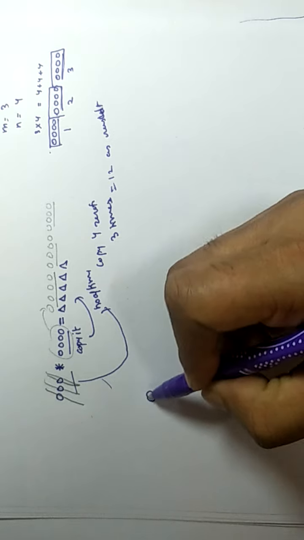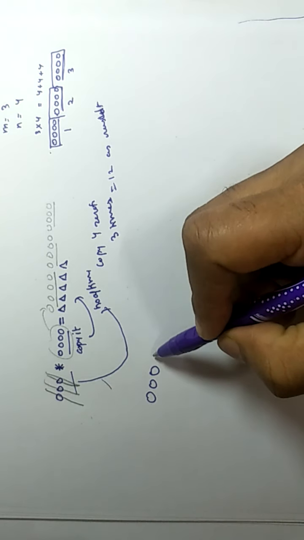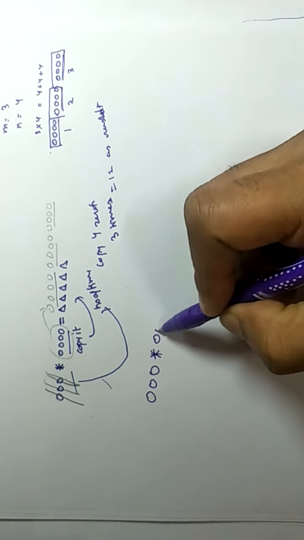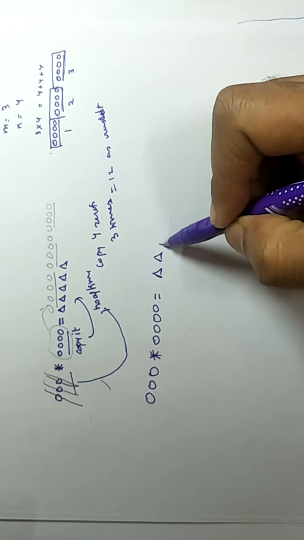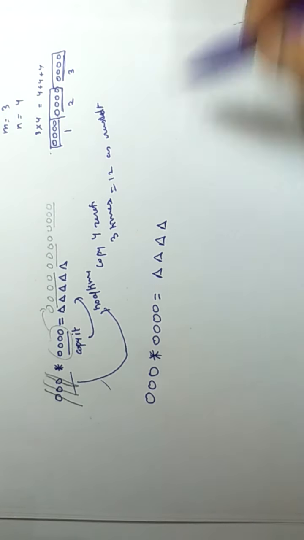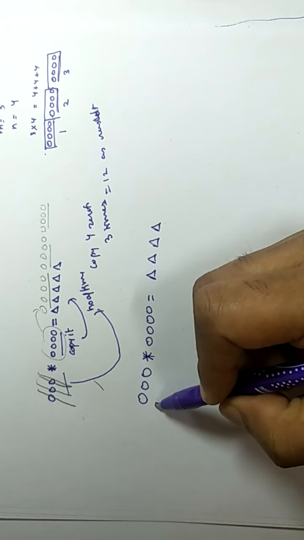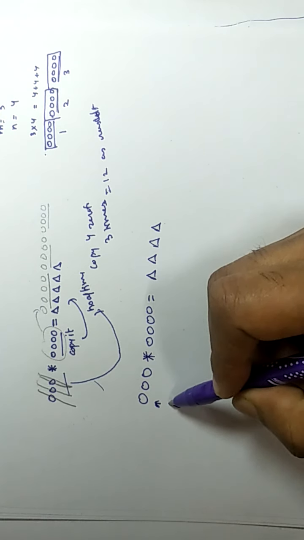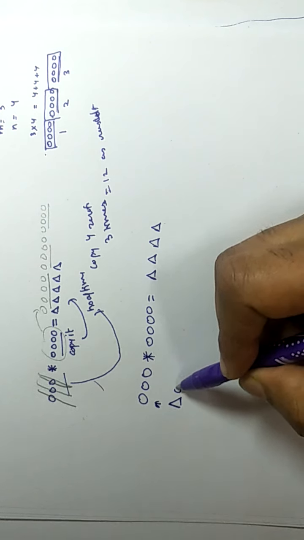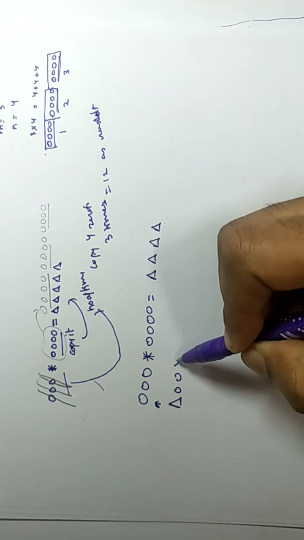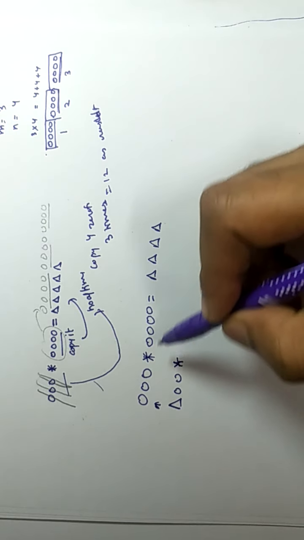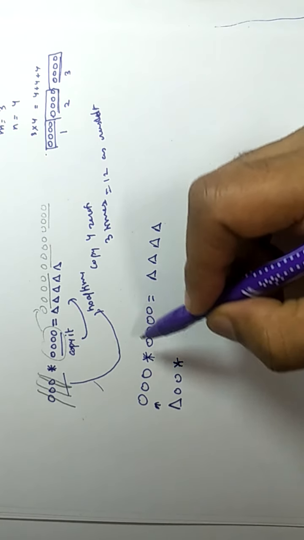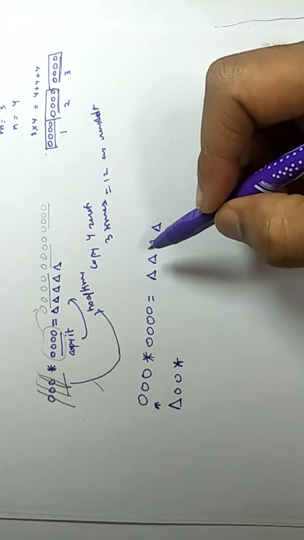So we have 3 zeros here, asterisk, 4 zeros, equal to, and blanks over the remaining portion of the tape. We will start from this position. We will mark this 0 and move forward till the asterisk. If we get the asterisk, it means that after the asterisk, whatever data is here, we have to copy it.